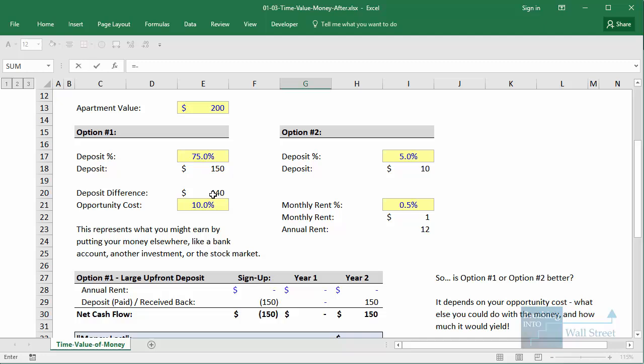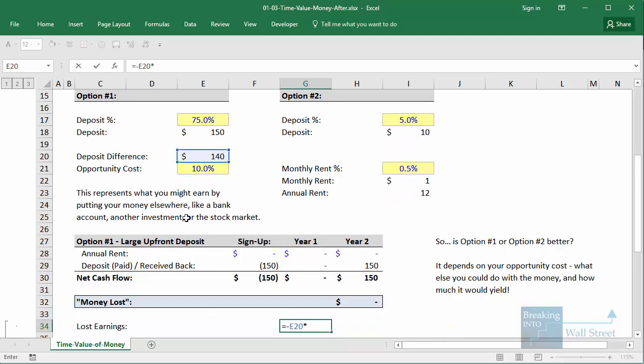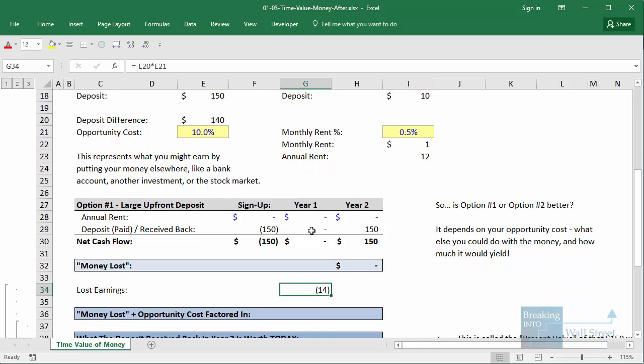Now, we don't know exactly what we could earn on this, but to keep the numbers relatively simple, I've said that our opportunity cost is 10% here. So we believe that we could earn 10% per year on our money in real estate or the stock market or bonds or some other type of investment with this $140,000. So we'll link to those numbers and multiply.